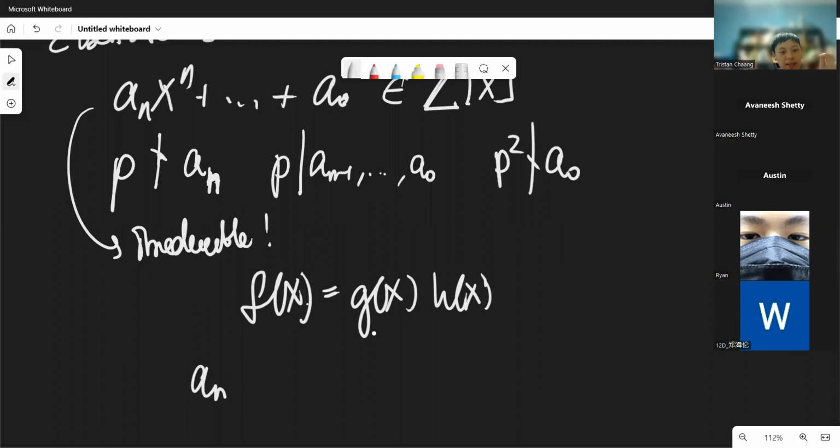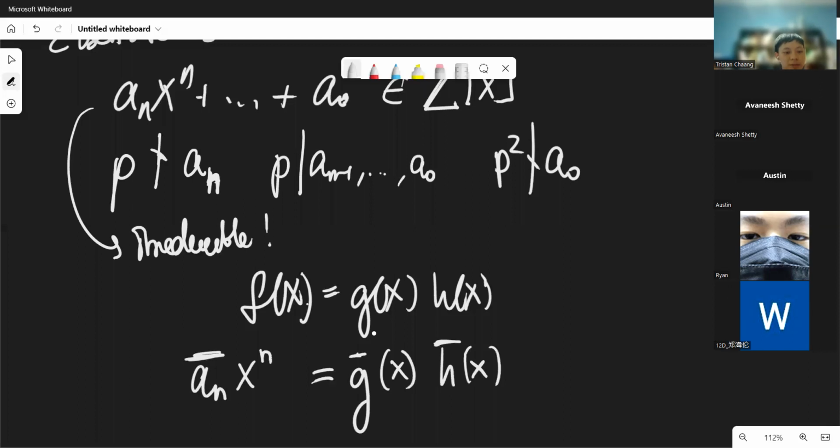It becomes a_n x^n mod p, but then everything else vanishes because they are all multiples of p. They all become 0. Okay. And then g becomes some reduced polynomial, which I will call g bar, and h becomes some reduced polynomial, which I call h bar. So this is bringing into F_p[x].